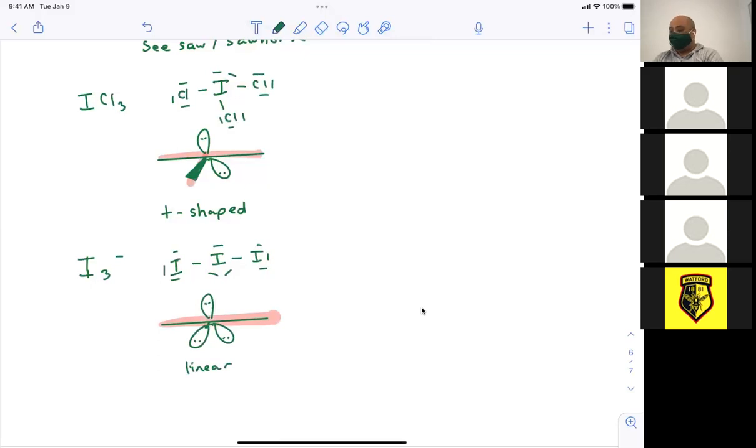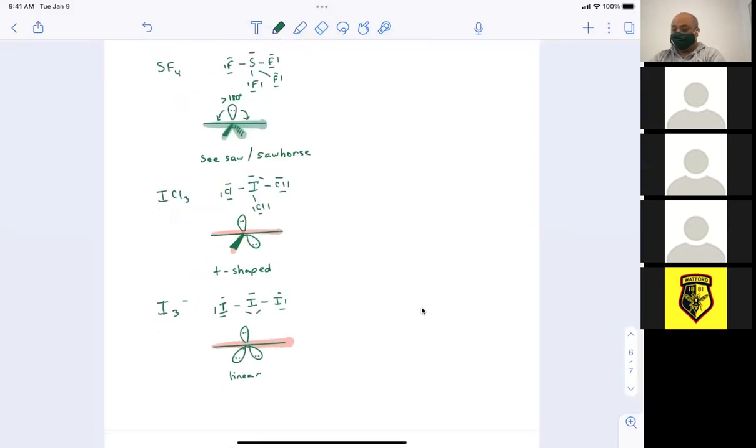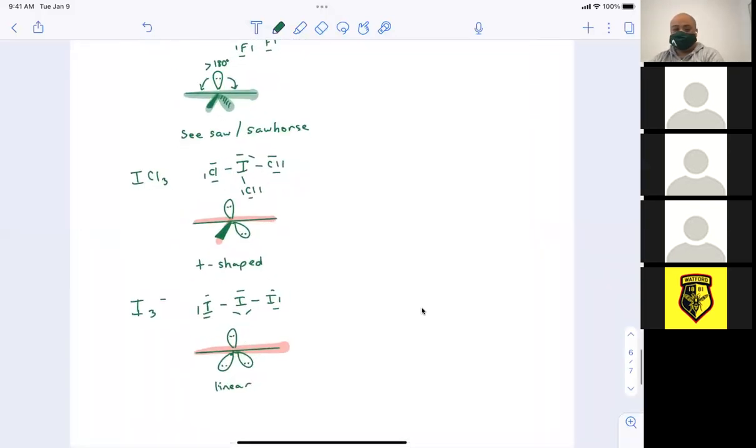So then all you're left with is a line. It is a little bit tricky, but that's the way you want to see it.